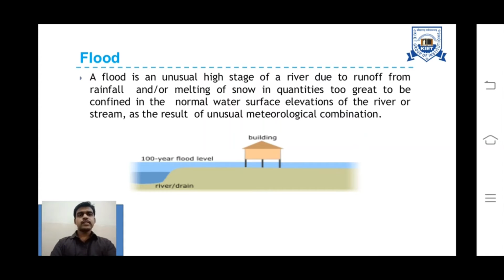Keeping in mind, technically speaking, a flood is an unusual high stage of a river due to the runoff from rainfall and or melting of snow in quantities too great to be confined within normal water surface elevations of the river or the stream, which results from an unusual meteorological combination.